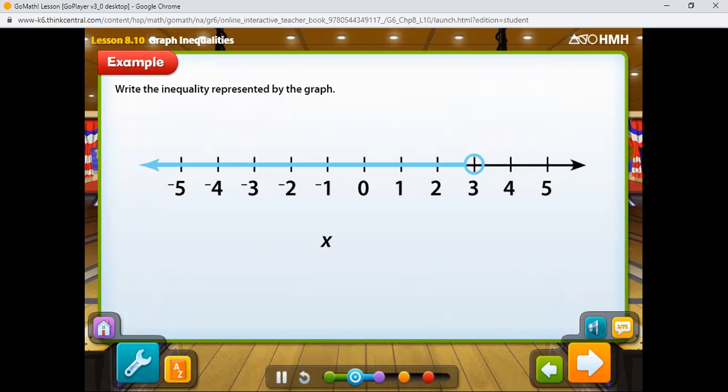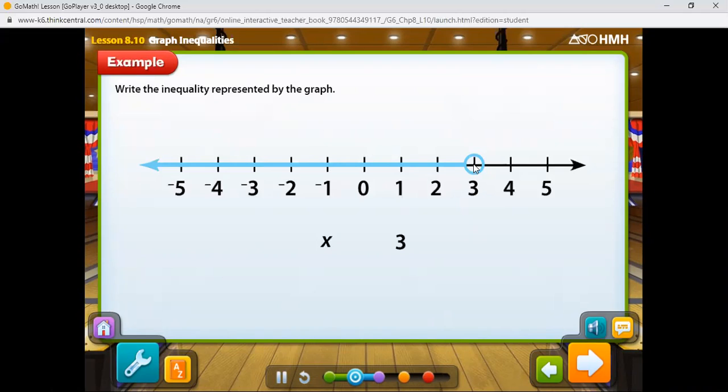To determine what number to use in the inequality, find where the circle is located on the graph. The circle is located at 3 on the graph. Now you can determine if 3 is a solution to the inequality. What kind of circle is at 3? An empty circle is at 3, so 3 is not a solution.